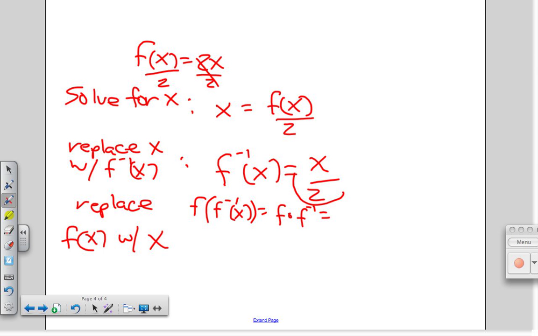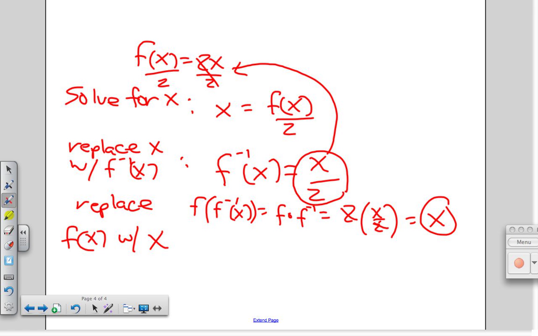So we take this x divided by 2 and we put that into x in our original function, f of x equals 2x, okay? So now this is going to be equal to 2, and now our x gets replaced with an x over 2. And multiplying this times this is just going to give us x, which is what it should do. A function in its inverse should give us back x no matter what if we did it correctly.